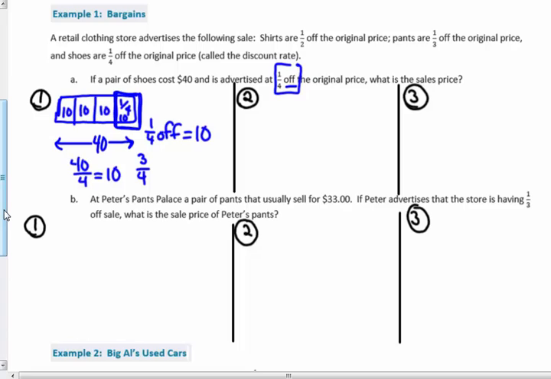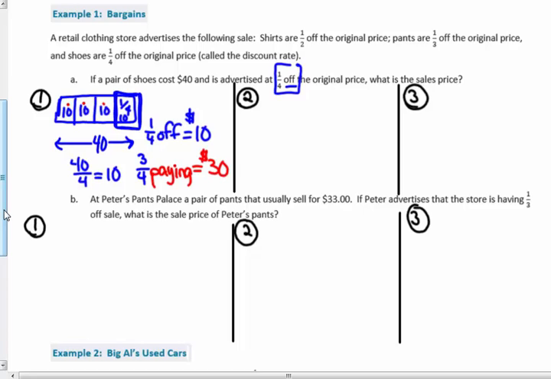You are paying, and I'll show you in a different color here, $10 plus $10 plus 10 more dollars. You're paying 3 out of the 4 parts that are left. The 3/4 part that you are paying, 10 plus 10 plus 10, you're going to pay $30. So if a pair of shoes are $40 and they're advertised for 1/4 off, you're going to pay $30. You're going to save 10 and pay 30. That's the bar model way of doing it.